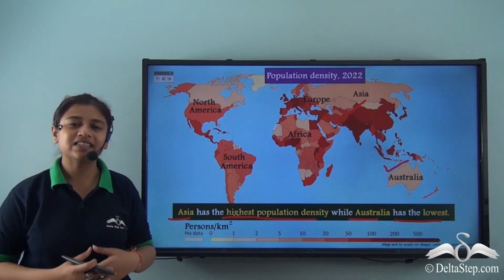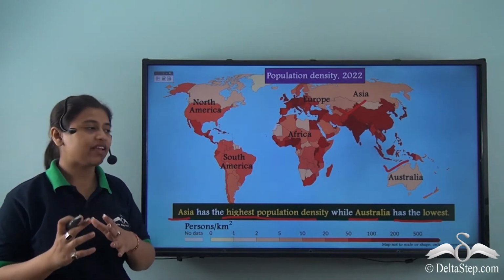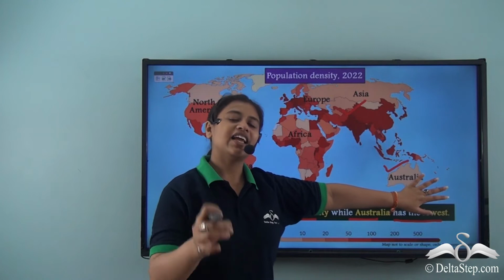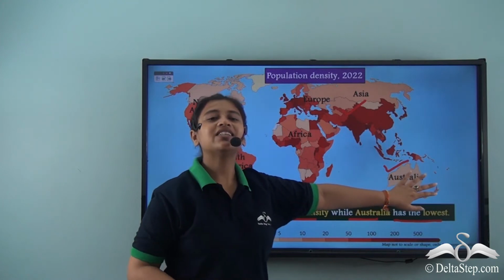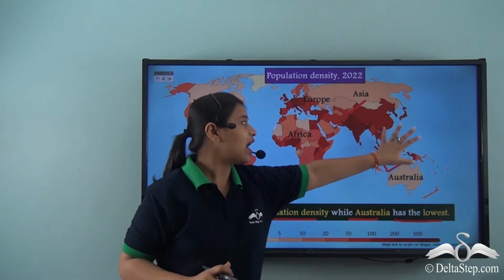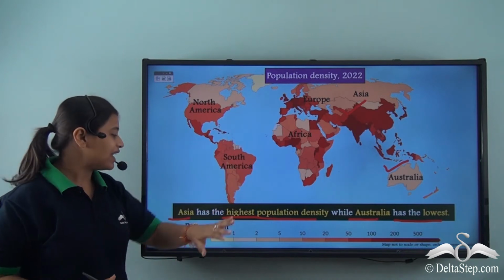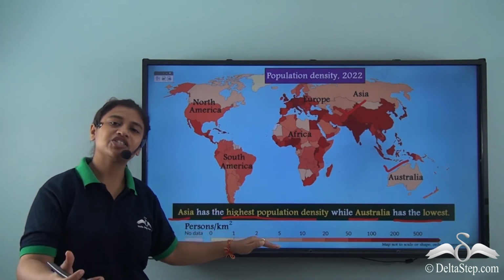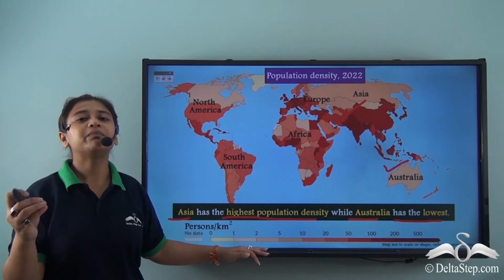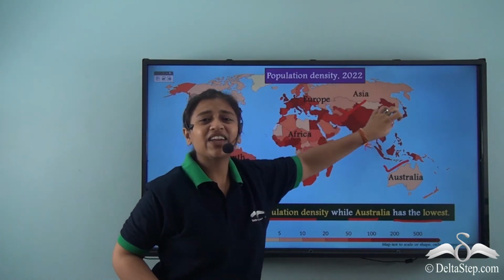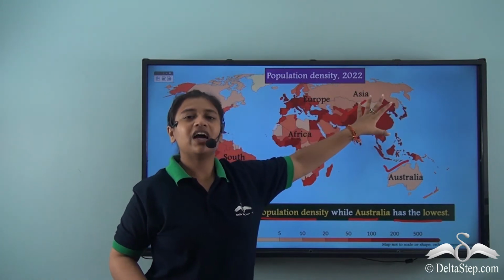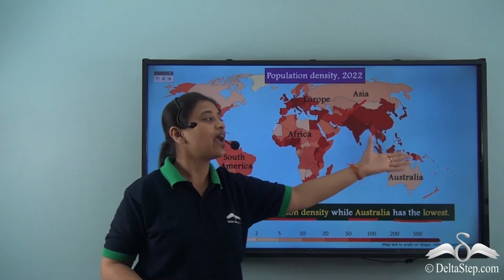This only means that the number of people living in each unit area of land in Australia is lowest as compared to other continents of the world, while Asia has the highest population density, which means the number of people living in each unit area of land on the continent of Asia is the highest as compared to any other continent.